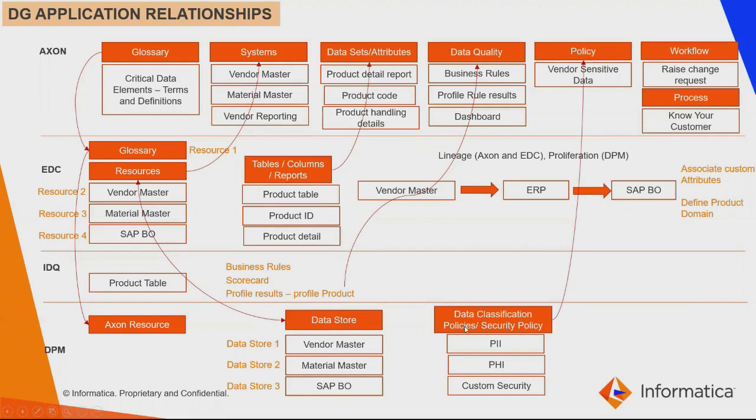So the data classification policy defined in data privacy management can be linked to the Axon policies to view all the sensitive data and provide the data privacy dashboard and see the process overlay as well if there is a process being interlinked with the resource.